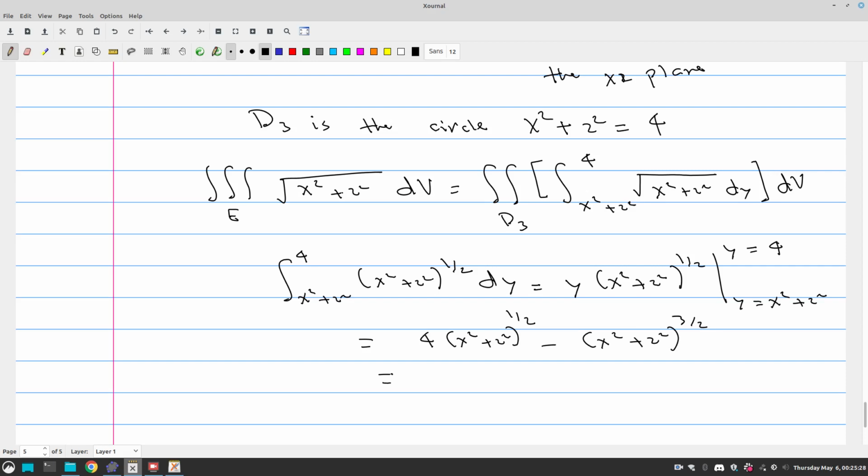Then you take x squared plus z squared to the half out, and this becomes 4 minus x squared minus z squared. Now the integration over D3.